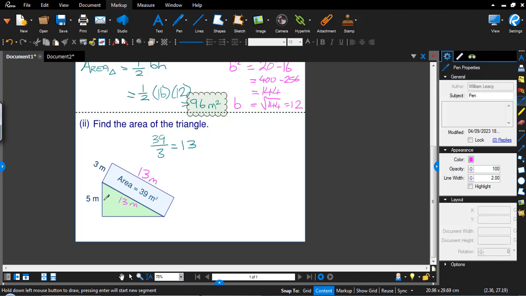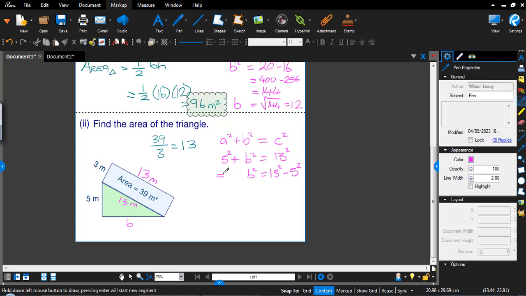So then, same thing. A squared plus B squared equals C squared. So it's 5 squared plus, we'll just call this B again. 5 squared plus B squared equals 13 squared. So that means B squared equals 13 squared minus 5 squared.